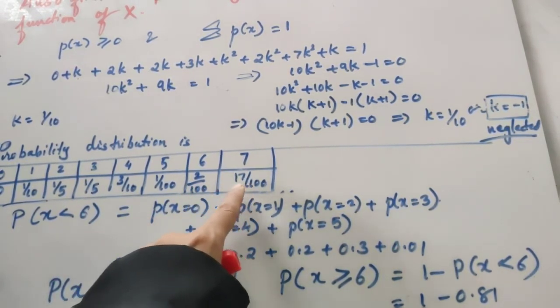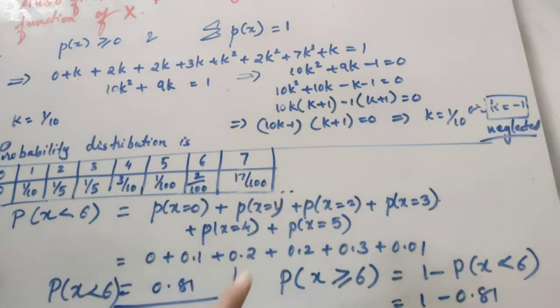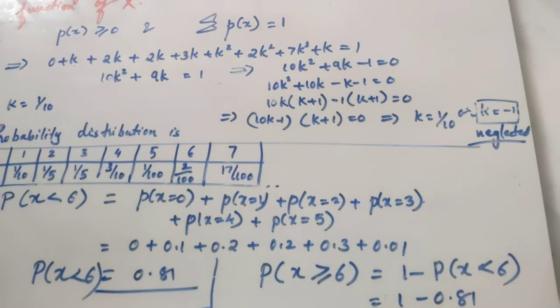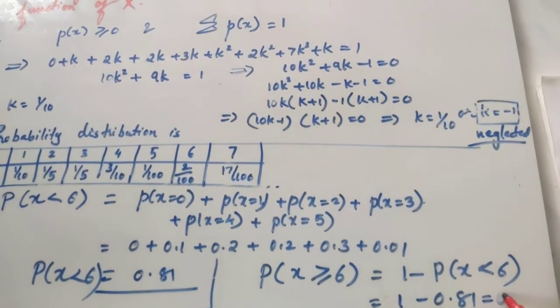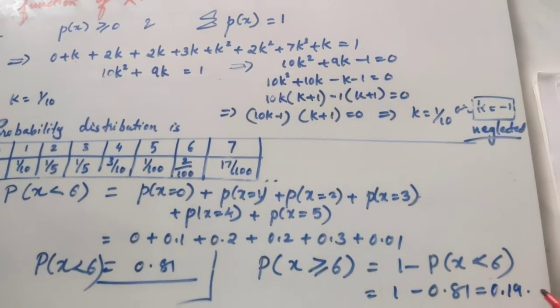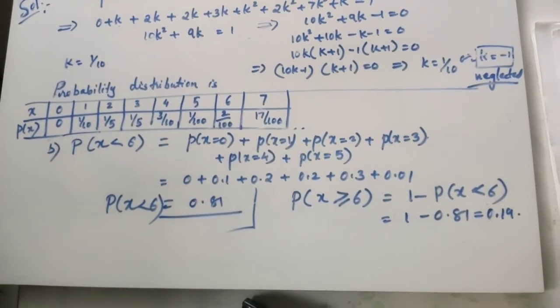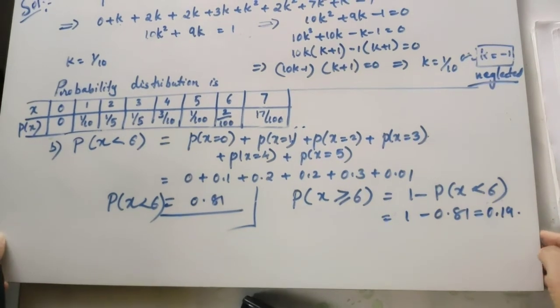Then also you will get the same value. If you take the subtraction, it comes out to be 0.19. I hope up till here it is done.